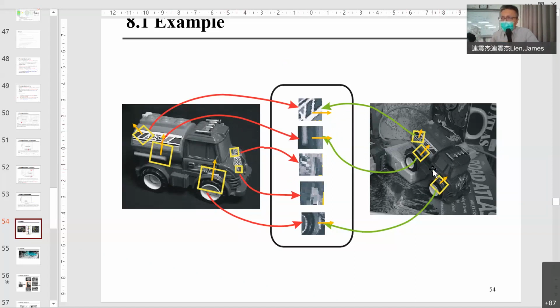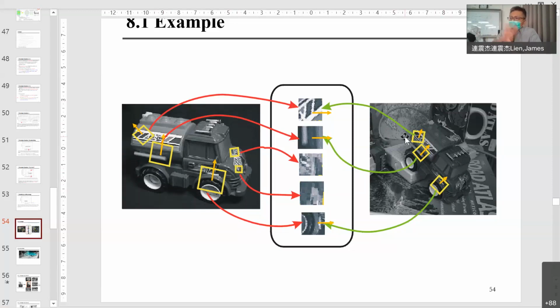But if you use SIFT, for example, I find 1, 2, 3, 4, 5 corners here. In the other image, I find 3 corners here. So if we can find more corresponding points, that means both are similar.